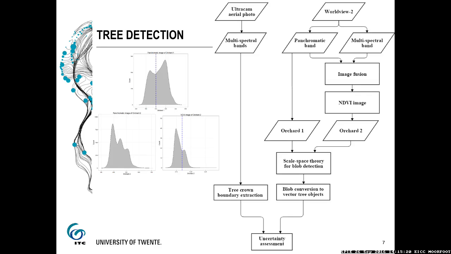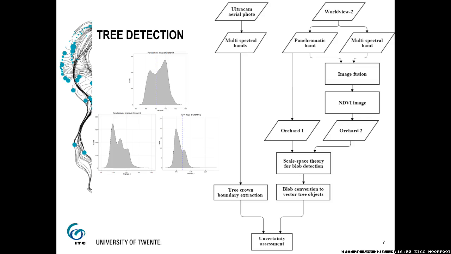On the right-hand side you can see the WorldView 2 with the panchromatic image at 50 centimeters and multispectral bands at 2 meter spatial resolution. For the first orchard, this is its histogram. We can observe, with the dashed blue line, the non-tree and the tree on this histogram. So we directly use the panchromatic band to apply the scale space theory.